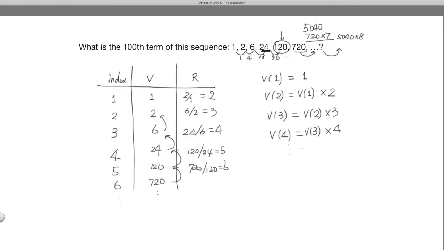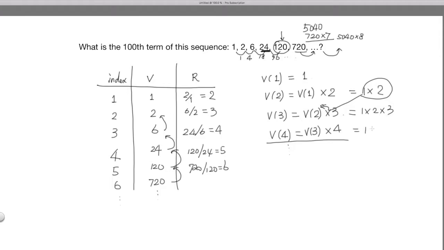If we take the recursive approach, let's just look at this. Actually, we can do it two ways. One way is V1 equals 1, V2 equals V1 times 2, so this equals basically 1 times 2. V3 equals V2 times 3, taking the value for V2, 1 times 2, and plugging it in, you get 1 times 2 times 3.